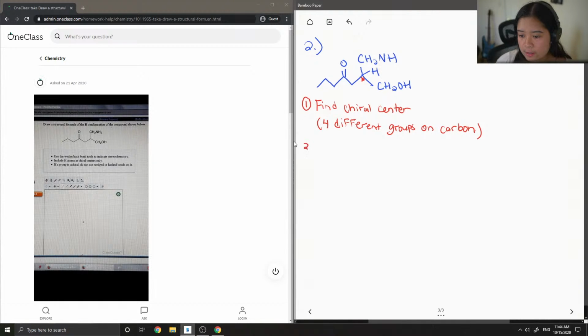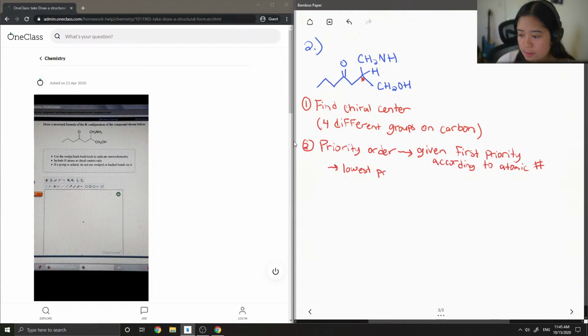So after you find that, you want to find out the priority order of all these different groups. So you give first priority according to the atomic number, and then the lowest priority.